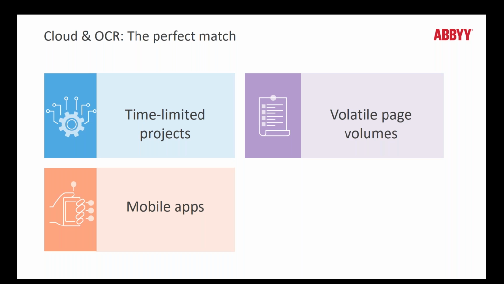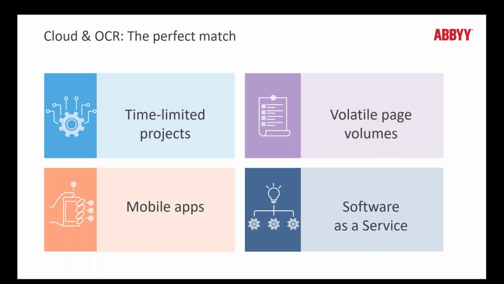And last but not least, a very obvious situation for leveraging OCR in the cloud is if you are yourself a cloud-based company, if you offer your services and your software in the cloud. Then cloud-based OCR processing makes 100% sense to integrate instead of an on-premise system.